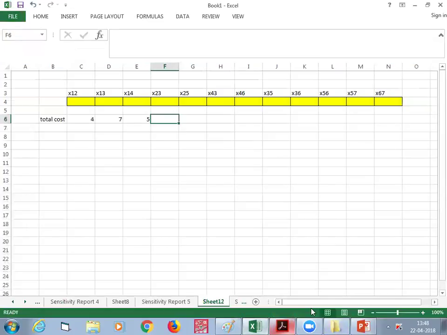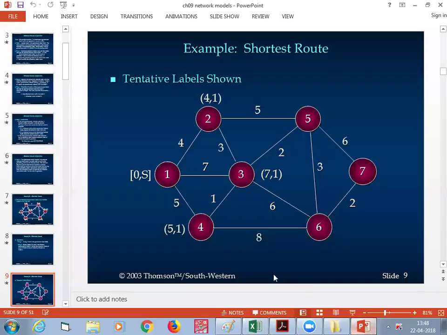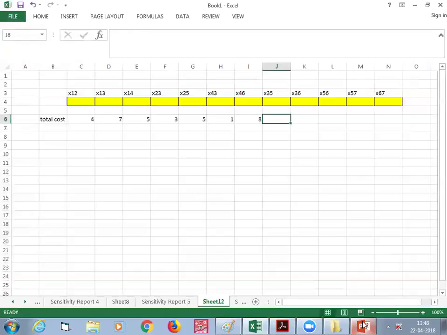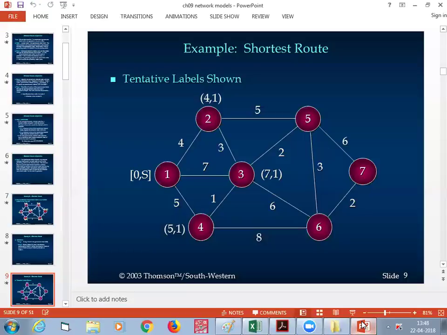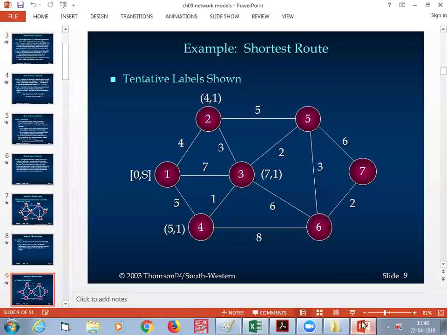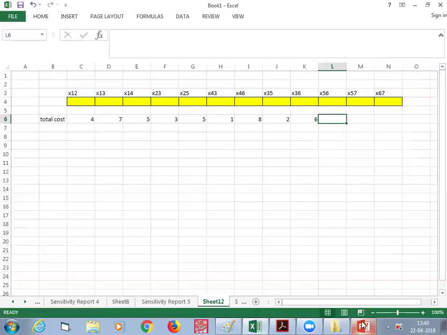I'm doing it in the same order that I've chosen. 35, then 43, 46, 18, then 35, 36, 26, and then 36, 3, 6, and then 2. Okay. All right.